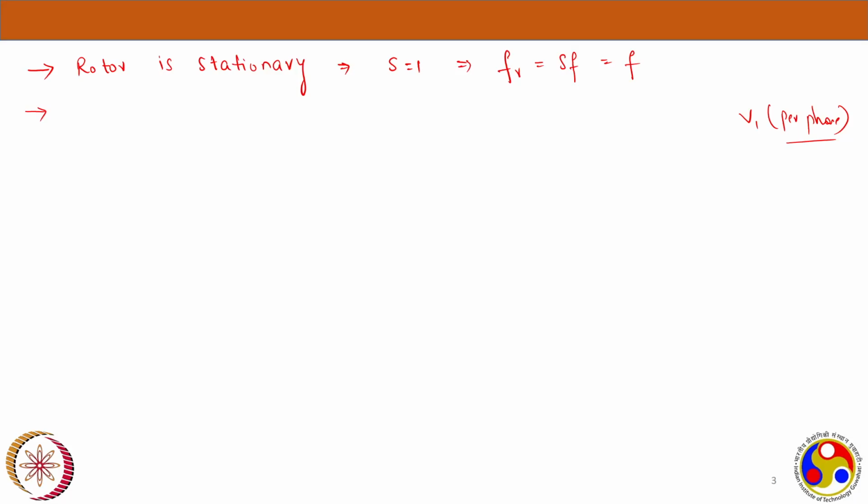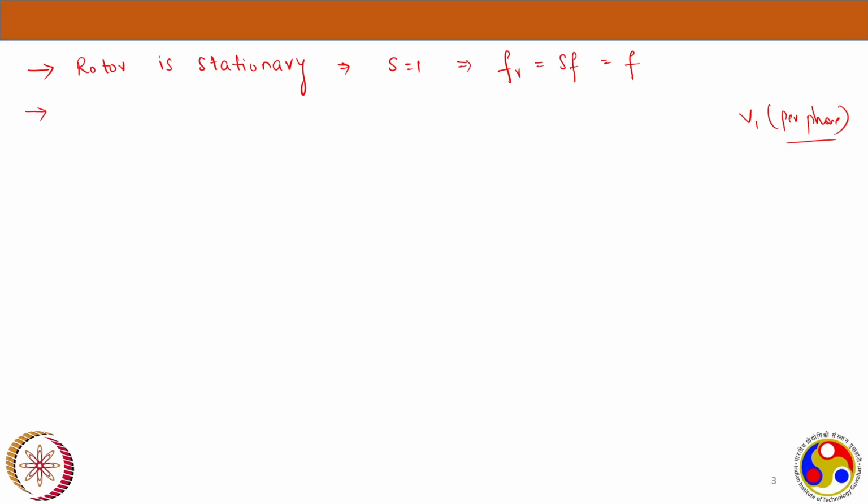At S equals to 1, we have energized the primary with a fundamental frequency, let's say a 50 hertz source, and my secondary is stationary. I have short circuited it, and the frequency at both primary and secondary is the same. If you take the E1 E2 ratio, I get a turns ratio, and the frequency is same.